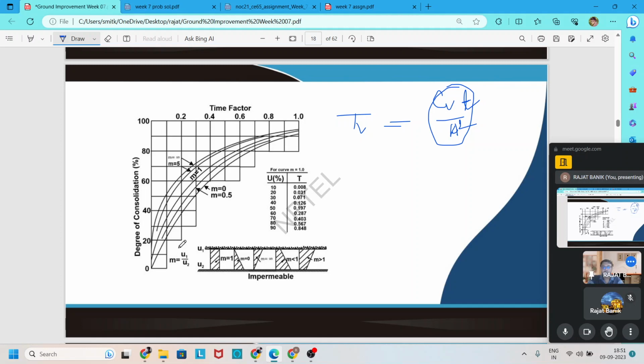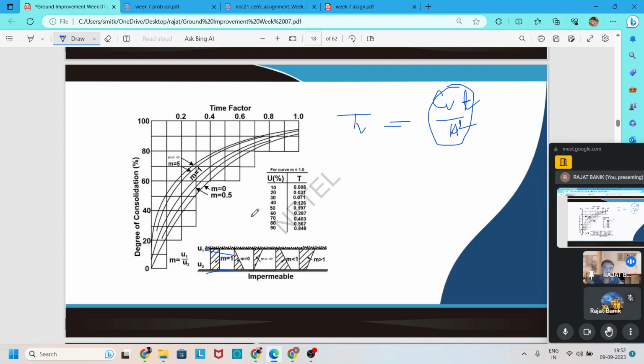After that, we need to find the excess pore pressure at the top of the surface and also at the bottom of the surface. If the excess pore pressure is uniform throughout this compressible layer, then another parameter m is used, which is equal to 1 when the excess pore pressure is uniform throughout the layer. So m is nothing but u1 by u2.